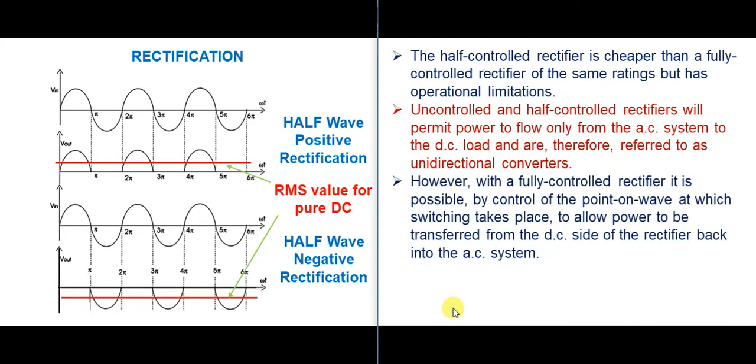However, with a fully controlled rectifier, it is possible, by control of the point on wave at which switching takes place, to allow power to be transferred from the DC side of the rectifier back into the system. When this occurs, the operation is said to be in the inverting mode.